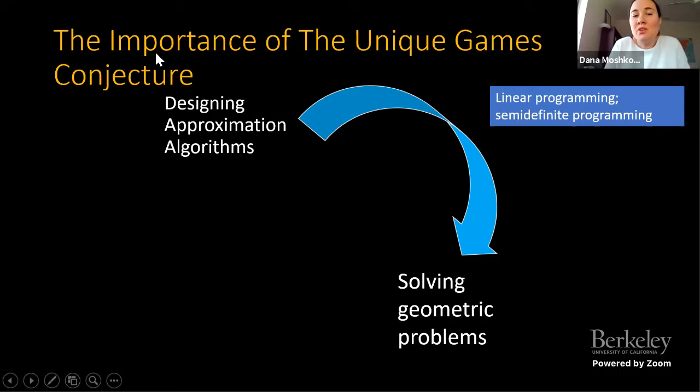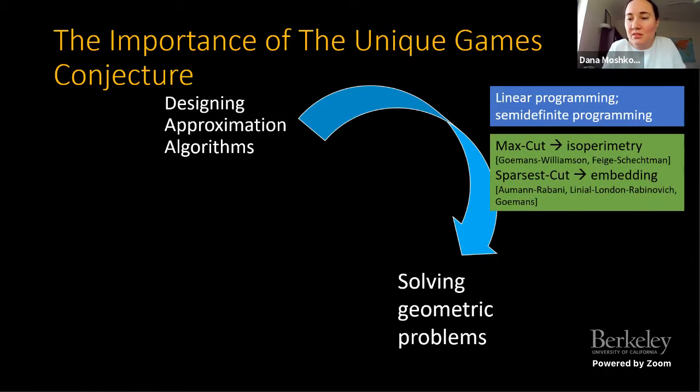This is essentially what they do: you start with maybe a graph and you're trying to optimize something, and then you end up embedding everything in R^n, and you have linear constraints or semidefinite constraints on them. You solve that, and from that you're able to recover a pretty good approximation.